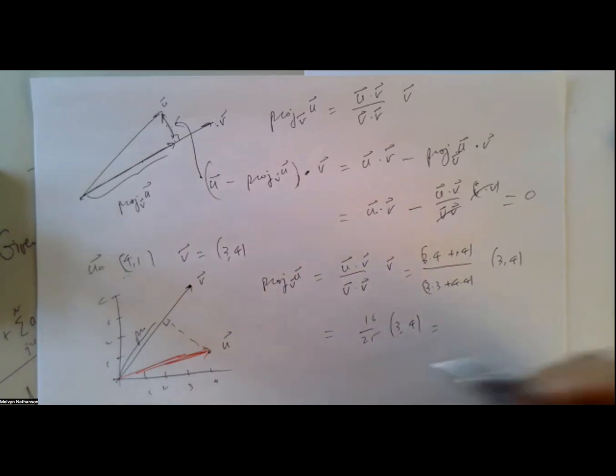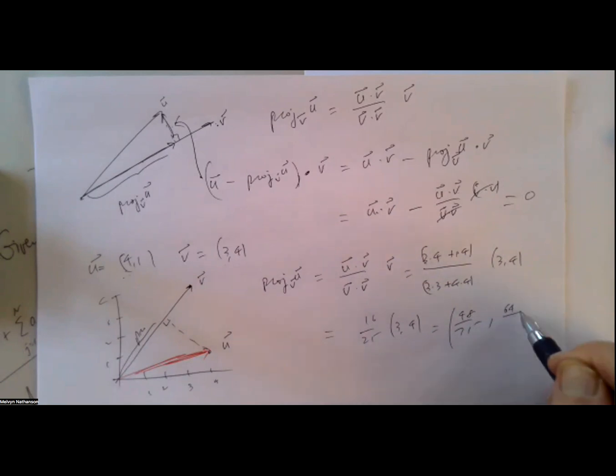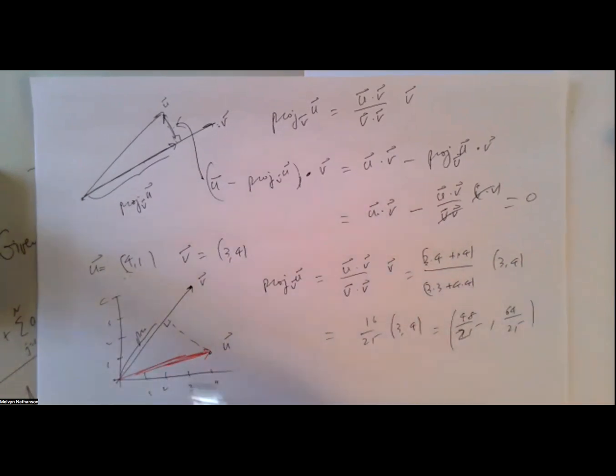Or if you wanted to write it out completely in coordinates, this is 48 over 25, 64 over 25. That's what this vector is.